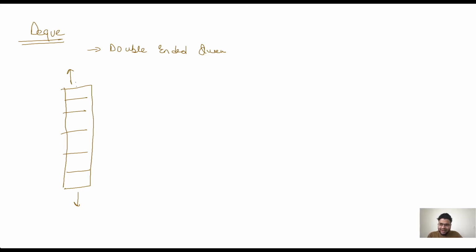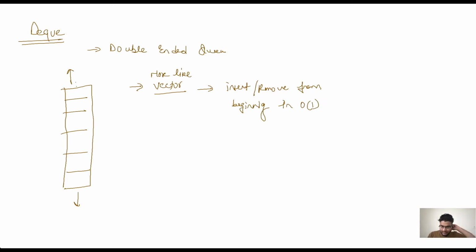So deque is more like a vector. The only differentiation is we can insert or remove from the beginning as well in O(1) time. So that's how we can think of it in terms of vector.